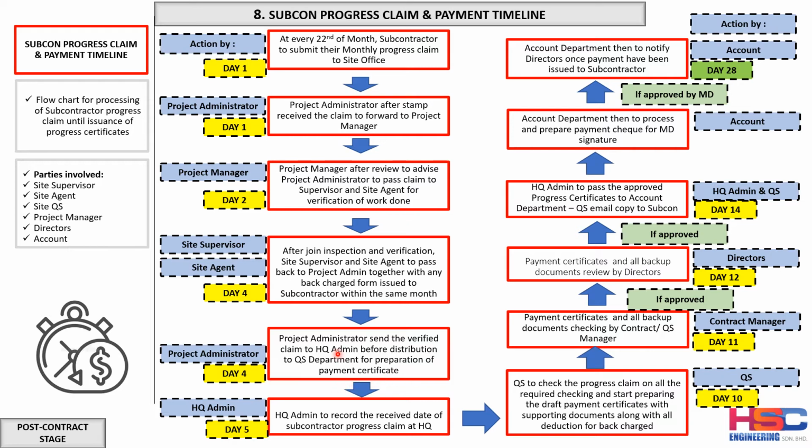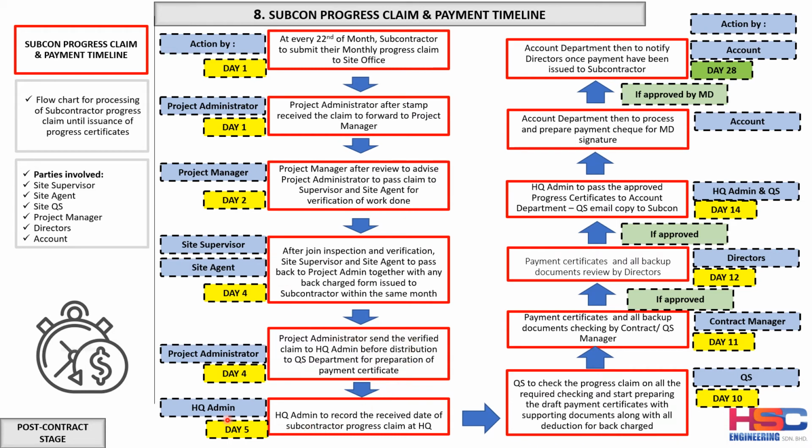And still on day 4, the project admin then sends the verified claim to HQ. Whatever claim they have verified, they need to send to the HQ admin before distribution to the QS department for preparation of the payment certificate. So we pass this claim that has been signed by the site agent and site supervisor to HQ.